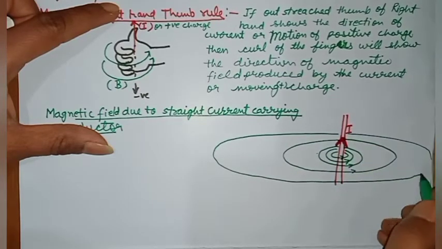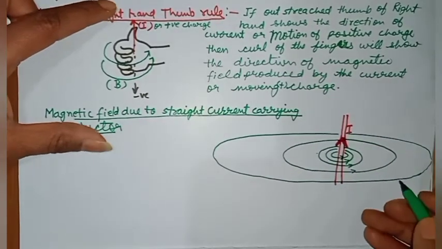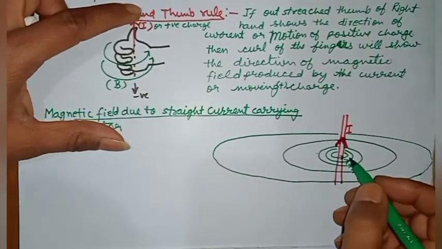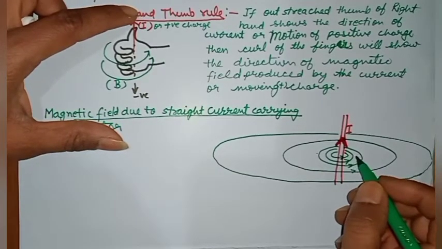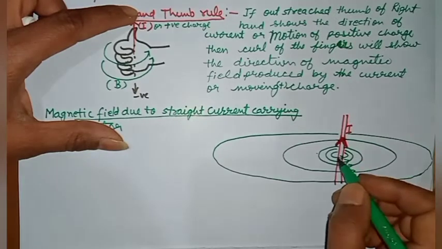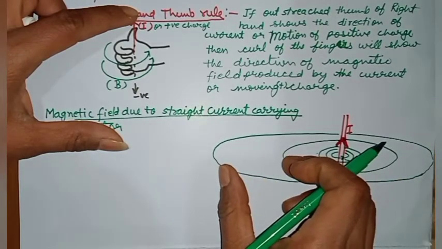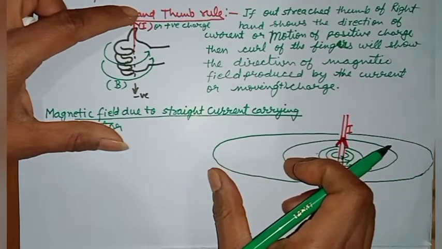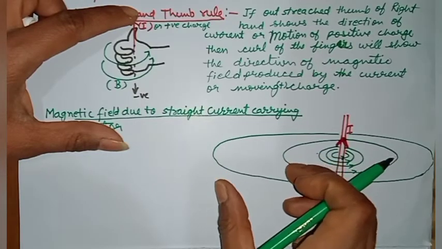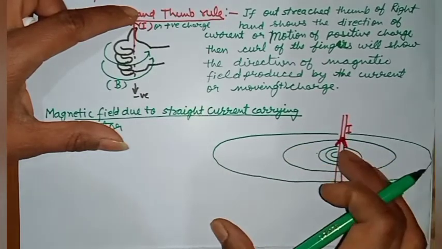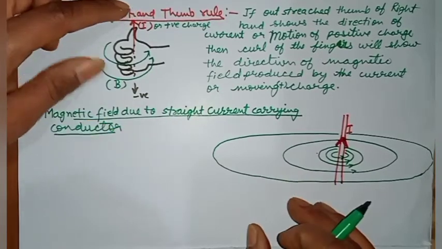In the previous video I discussed that if field lines are closer to each other, it shows a stronger field, and if field lines are away from each other or rarer in that region, it shows a weaker field. So here, as we move away from the wire, we receive a weaker field.